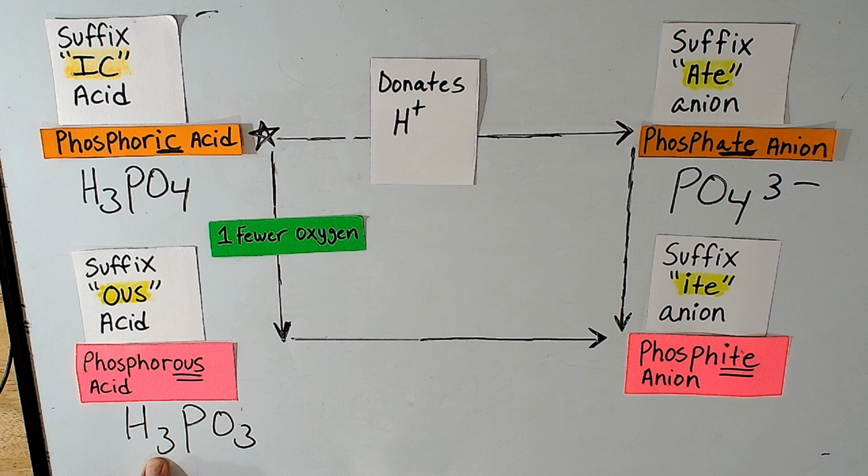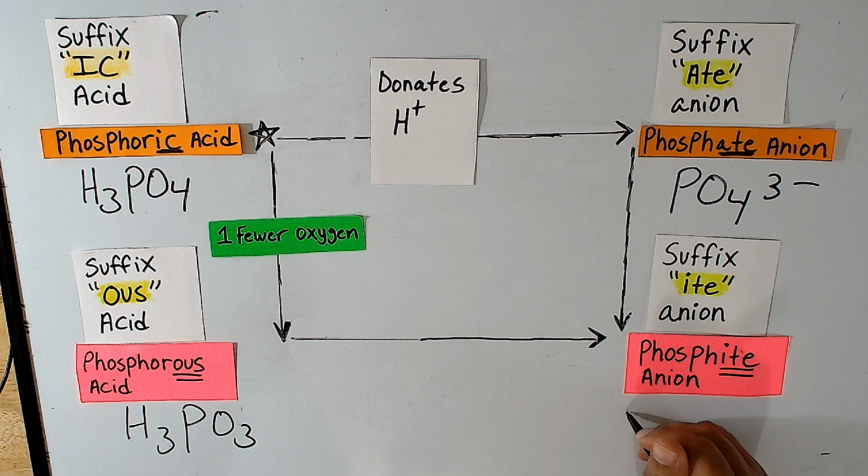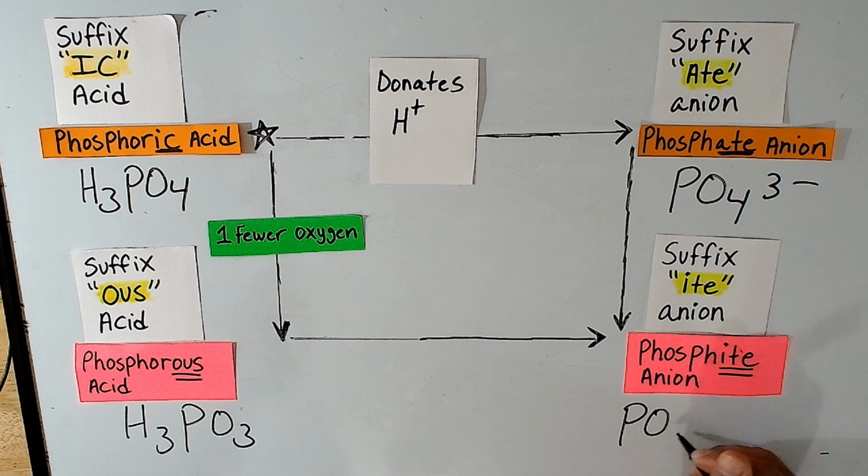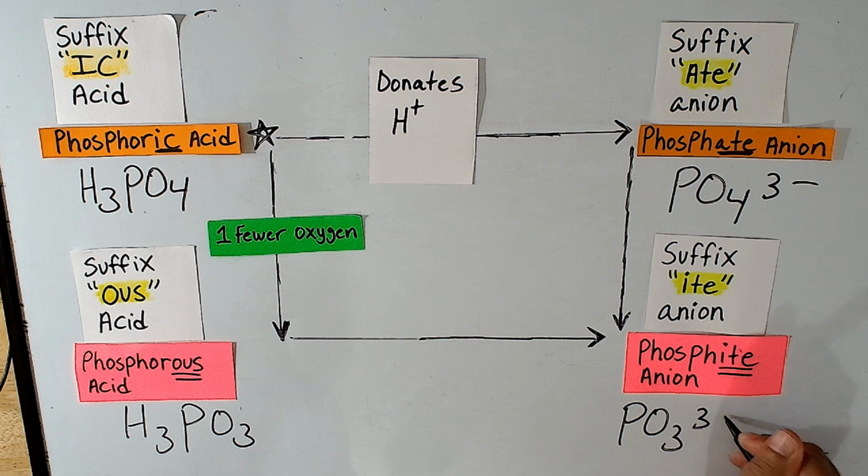At an introductory chemistry level, you remove all these hydrogen ions, and from there, you're able to reveal its charge. So that is its chemical formula.